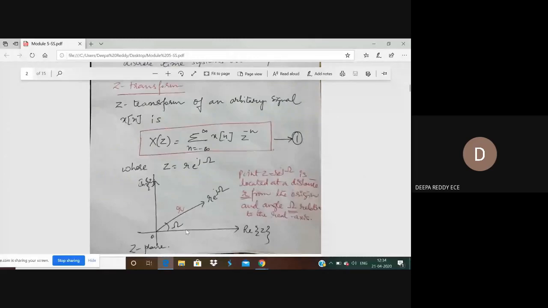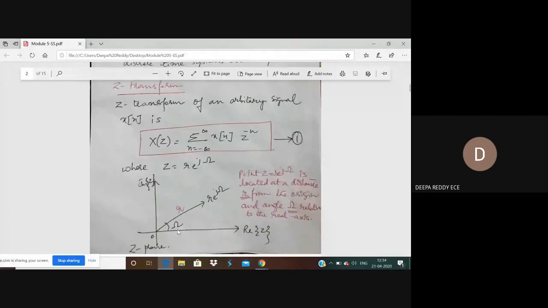So a very important formula. The formula signifies all these things I said. It's for arbitrary discrete time signals, and z is the complex exponential, where z can be written as r e to the power of j omega. This point z equal to r e to the power of j omega is at a distance r, making an angle omega with the real axis.